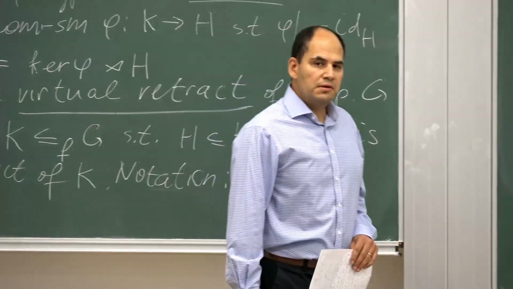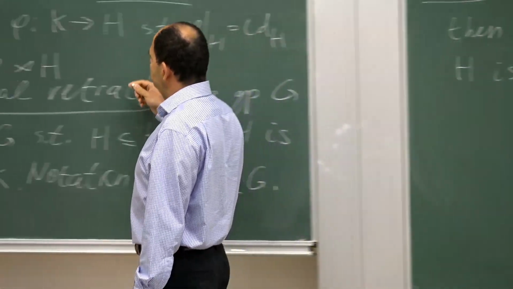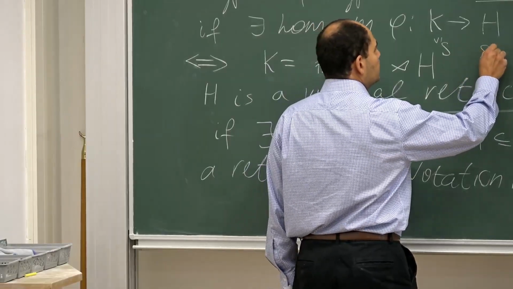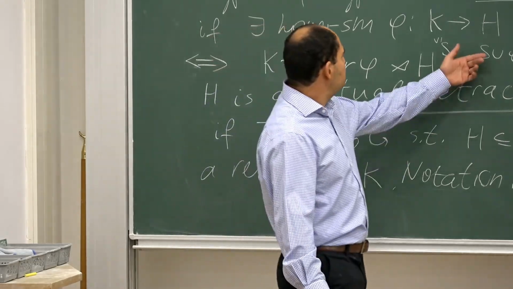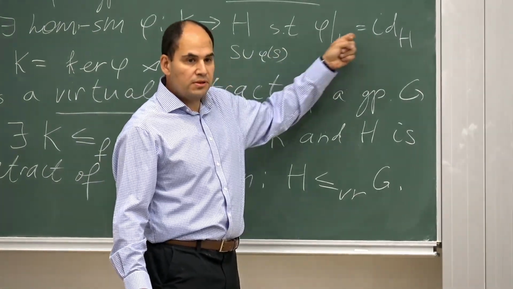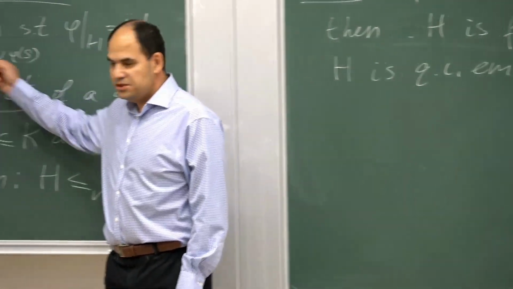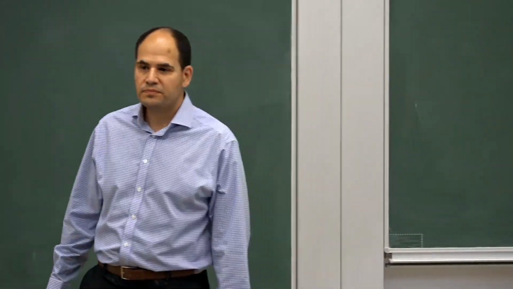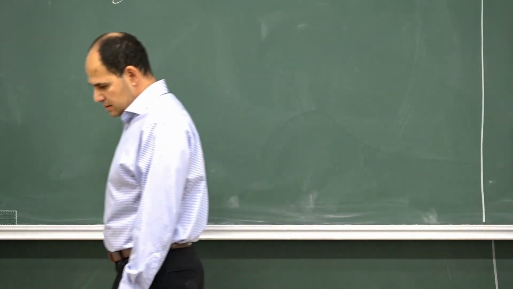In fact, if you have a retract of a group, take any generating set S, and then consider the generating set S union phi of S. This is again a finite generating set, but in that generating set, phi becomes not only the identity on H, it will be an isometry between the embedding of H in G and itself, just because it's a retraction. It's an easy exercise.